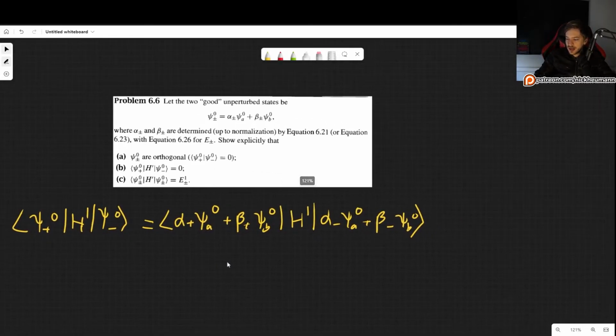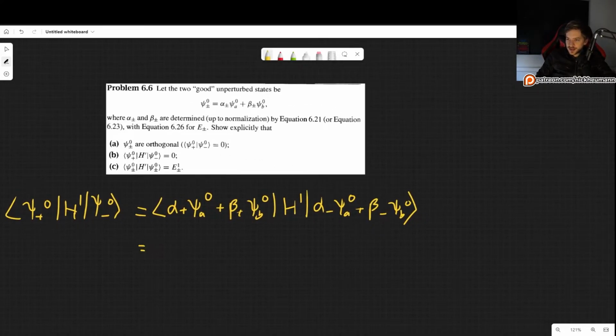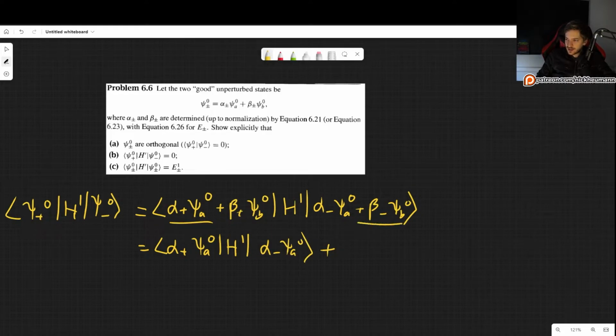Okay, so now just as before, let's separate this inner product into several different inner products, right? This is basically an integral. That's why we can apply linearity. So from the first one, we get alpha plus psi A0 times the Hamiltonian alpha minus psi A0. Then we get this, this and this.